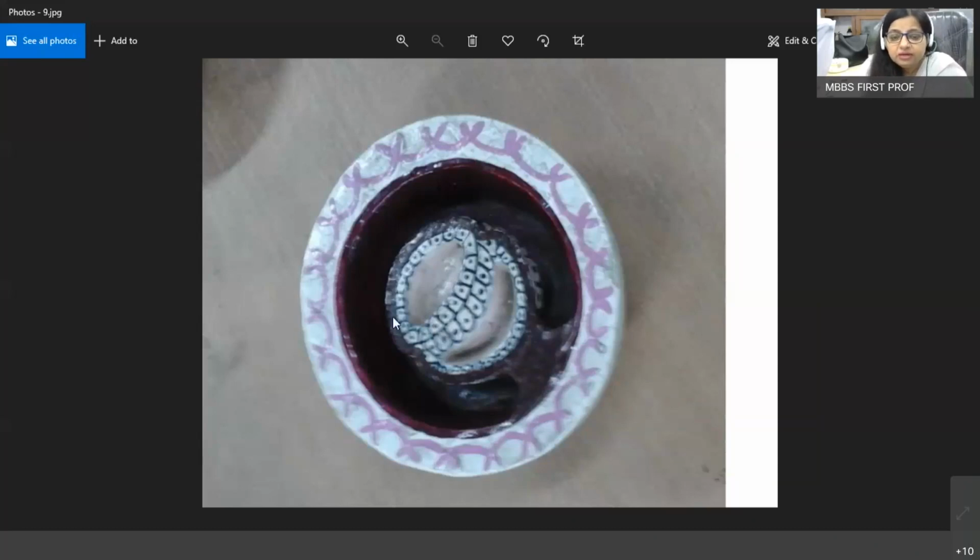Now this Heuser's membrane demarcates and forms the secondary yolk sac, so it becomes shrunken and reduced in size. Then a cavity is formed that is known as the extraembryonic coelom. Initially it is extraembryonic mesoderm, but because of cell death, the small cells die and form small cavities. As in the case of a sponge, you see small holes, and if you coalesce all those holes, they become a single large space or cavity.